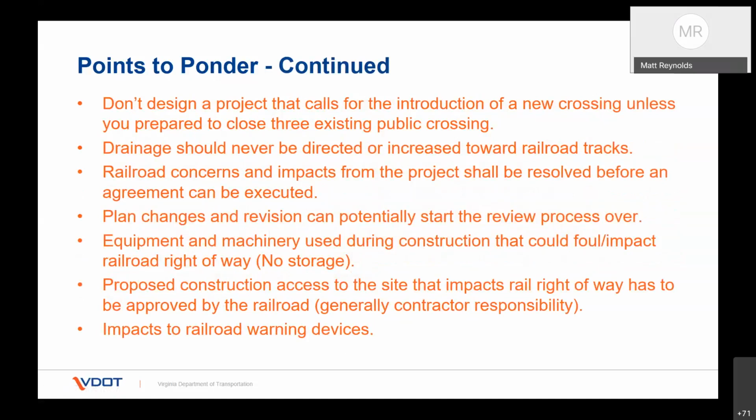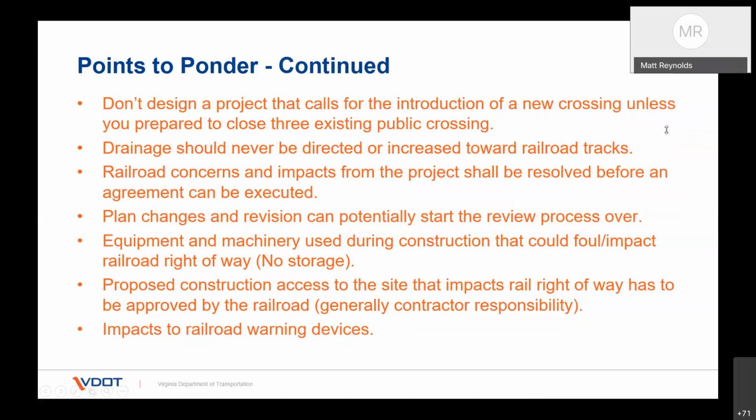Don't design a project that calls for the introduction of a new crossing unless you're prepared to close 3 existing public crossings. And that's talking about at-grade crossings. This is a common theme. When we do propose a new crossing, we better be ready to have 3 public crossings that we can close. At times, they will settle for 2 if it's something that is acceptable to the railroad.